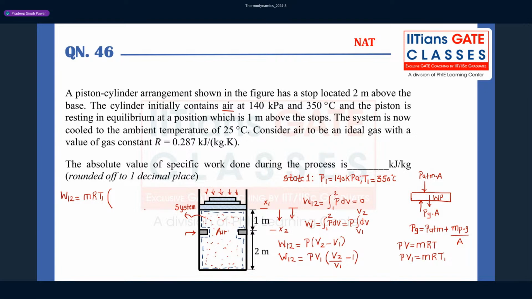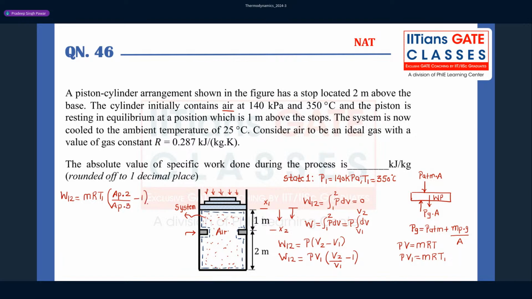So it will basically be a cylinder, where I can write the volume as the area of the piston times the height. v2 is the position when the piston is going to reach the stop, so it will be area of the piston times 2, and v1 will be area of the piston times 3.